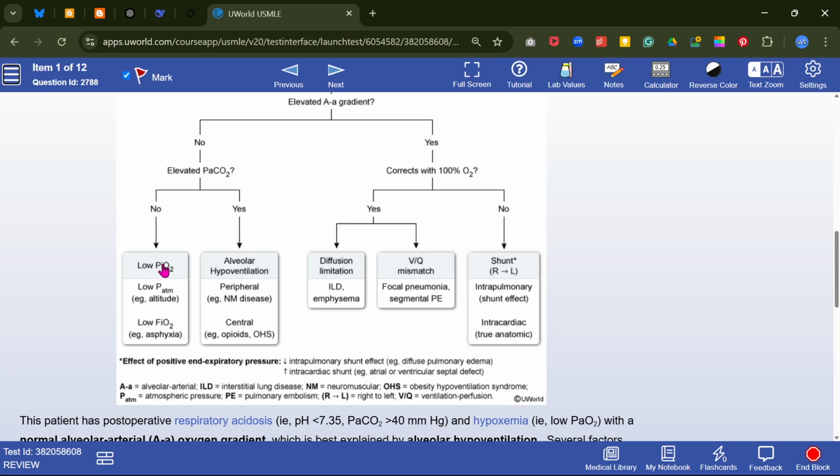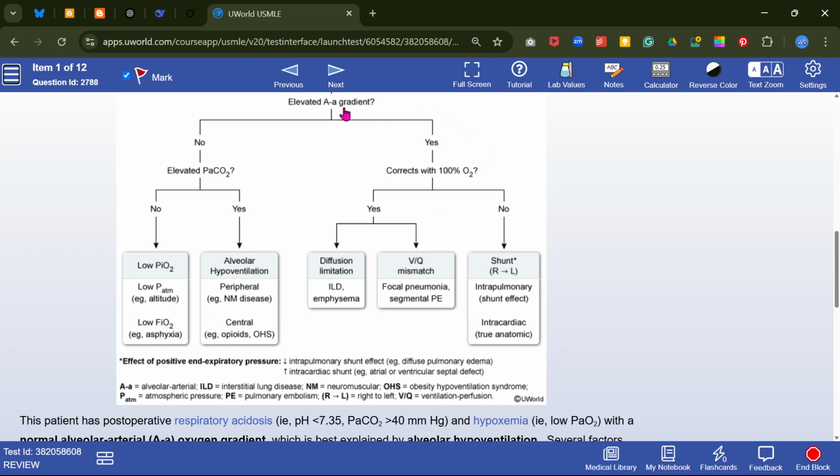Then there are two differentials. If atmospheric pressure is low, then it is due to high altitude. If the fraction of inspired oxygen is low, it may be due to asphyxiation.